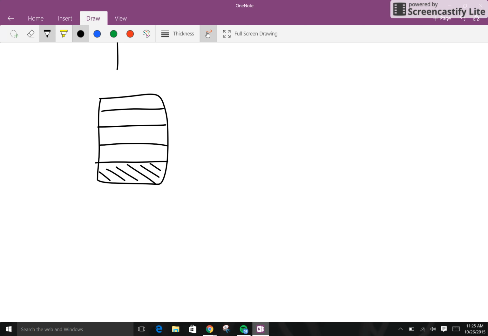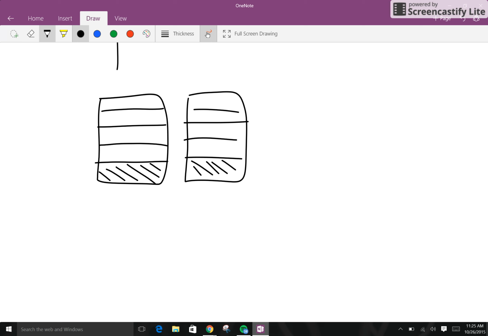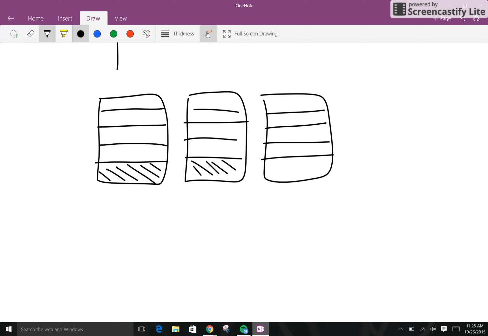Then they want 3 times as much, so we're going to multiply it by 3. We do the same thing 3 times. As a number sentence, we have 3 times 1/5, which is going to equal a total of 3/5 of that amount.